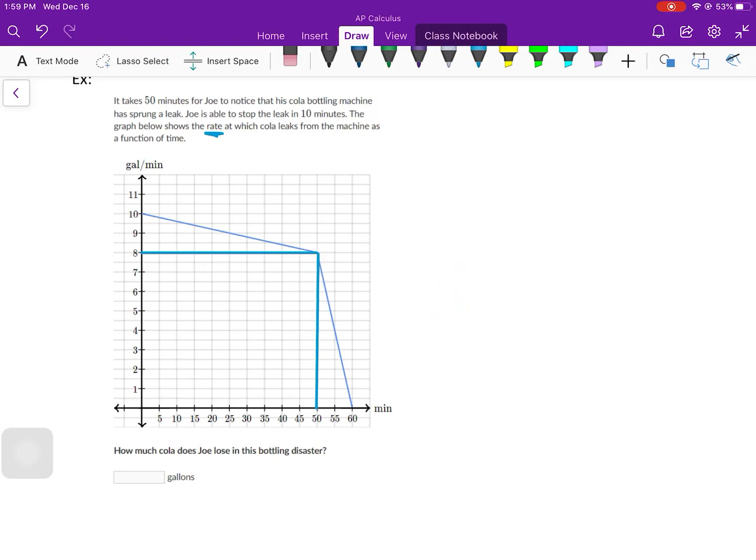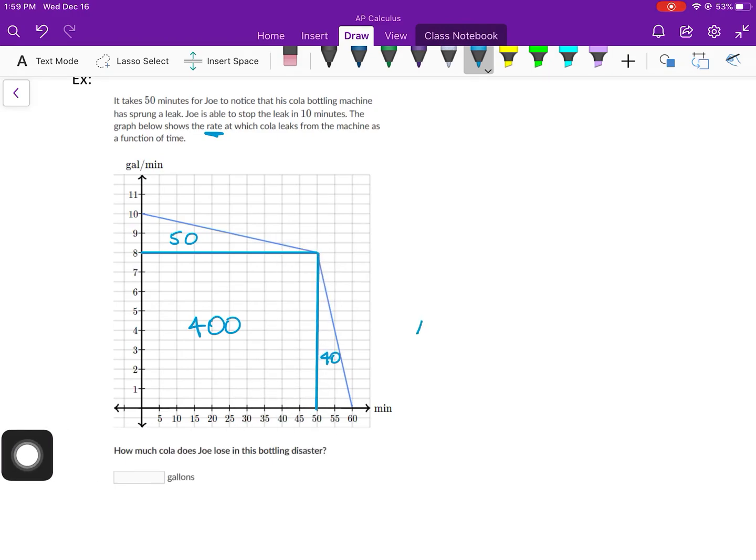We're just finding the area, like good old area math that we did back in I don't know what grade. So we have a 50 by 8. 50 times 8 is 400, because 5 times 8 is 40, add another 0 to it. And then here we have 2 times 50 is 100, divide that by 2 is 50. And here we have 50 to 60, so 10 is the base, times 8 is 80, divide that by 2 is 40.